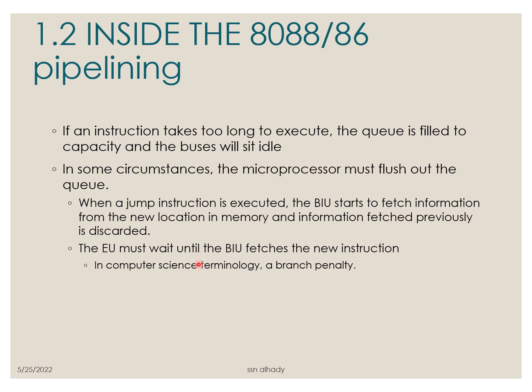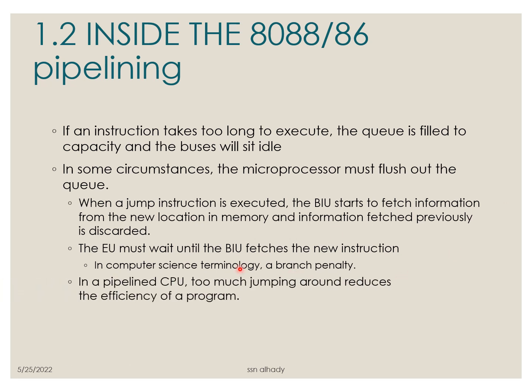The EU must wait until the BIU fetches the new instruction. If you jump, you need to fetch the new instruction in the new location. In computer science terminology, this is called a branch penalty.